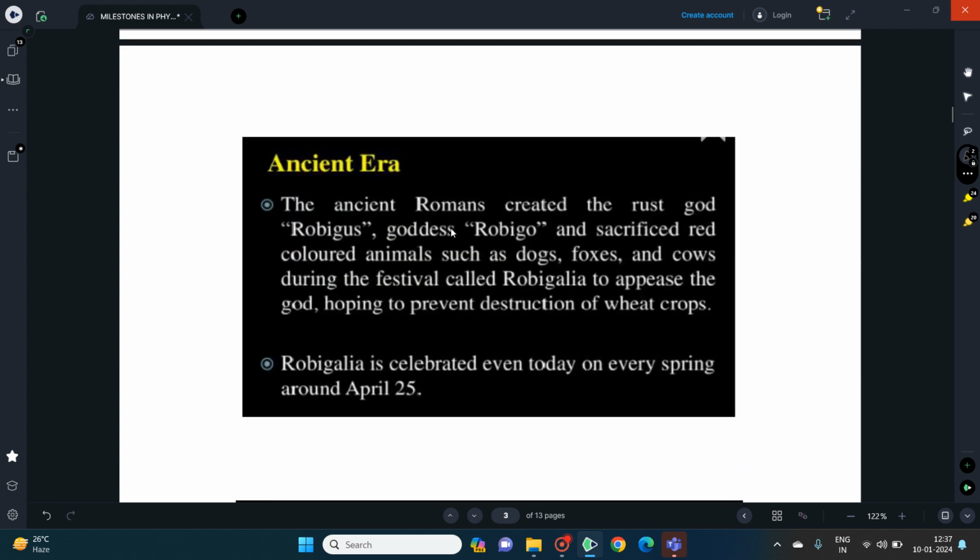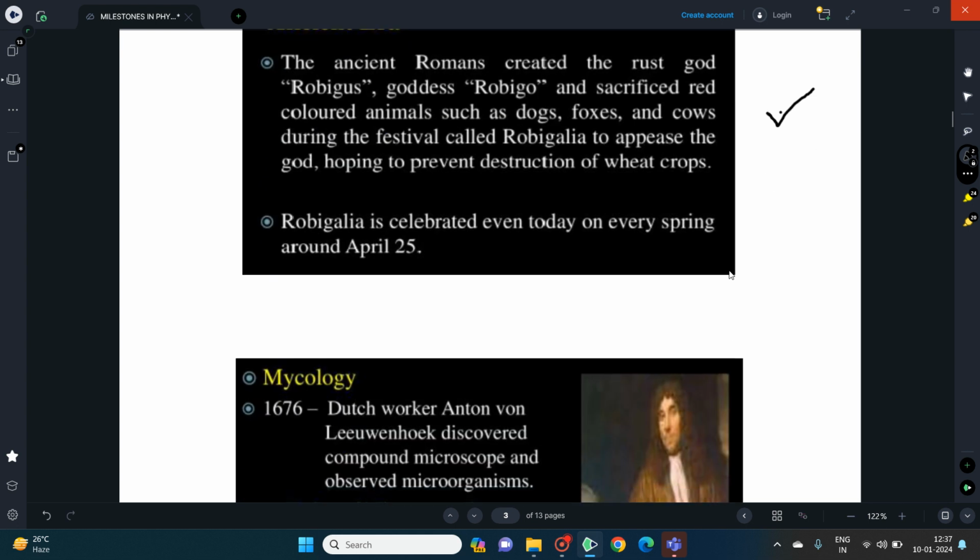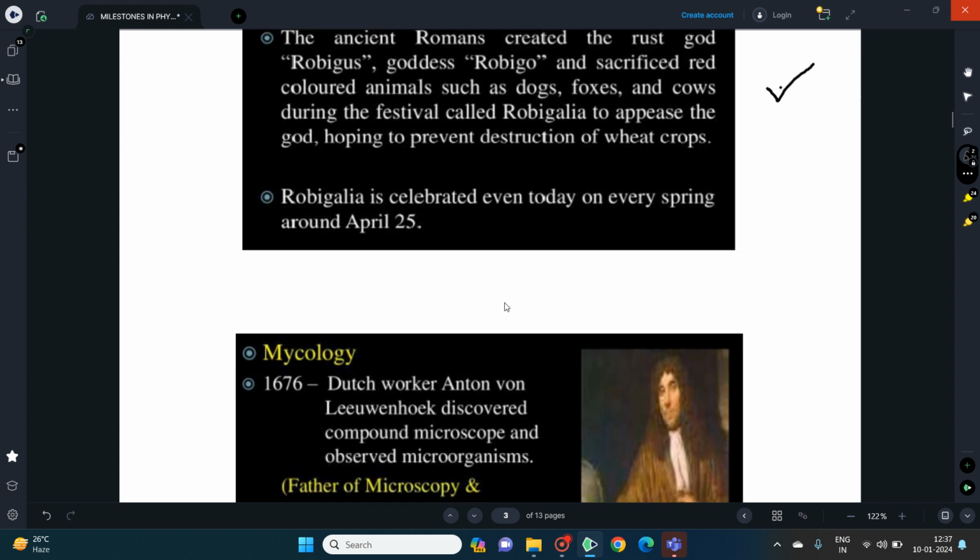The ancient Romans created the rust god Robigus and goddess Robigo, and sacrificed red-colored animals such as dogs, foxes, and cows during the festival called Robigalia to appease the god, that is, to please the god, hoping to prevent destruction of wheat. Robigalia is celebrated even today every spring, around April 25th.